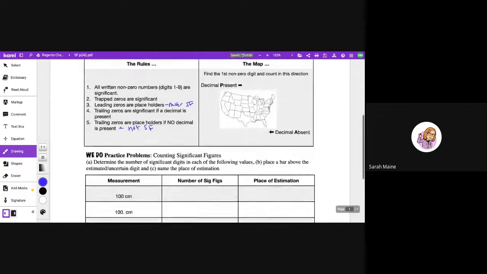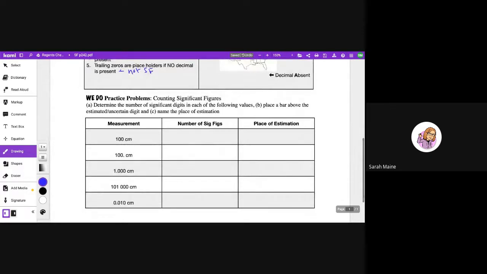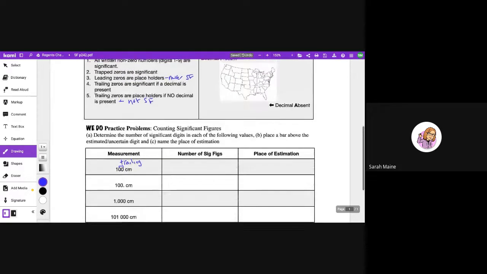So what we're going to do is go through some examples down here at the bottom, just paying attention to the zeros and coming up with the number of significant figures. So my first measurement is 100 centimeters. When I take a look at this, the only non-zero digit is the 1. And these zeros, because they're to the right of my non-zero digit, they are considered trailing. If they're trailing zeros, I have to look at the number.